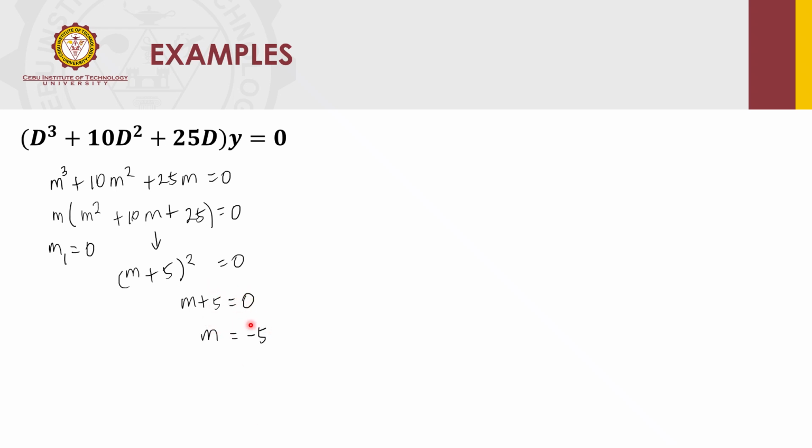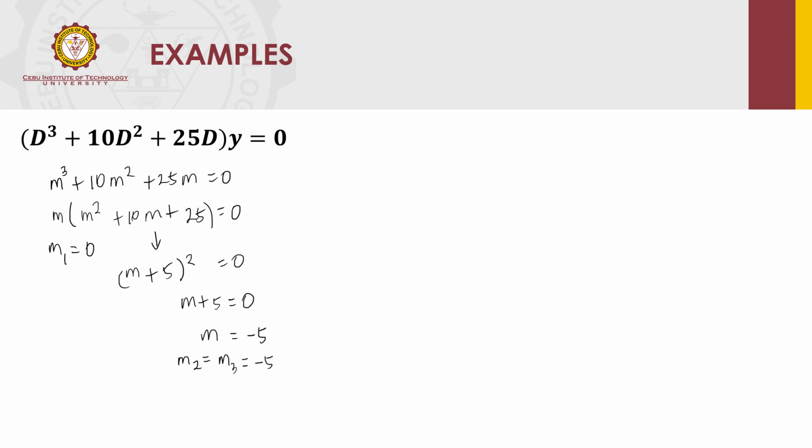So make sure to take note that the equation is quadratic. Therefore, we have two roots, which are just equal. So the negative 5 is being repeated, so we can label the repeated roots as m sub 2 and m sub 3. So we have negative 5.